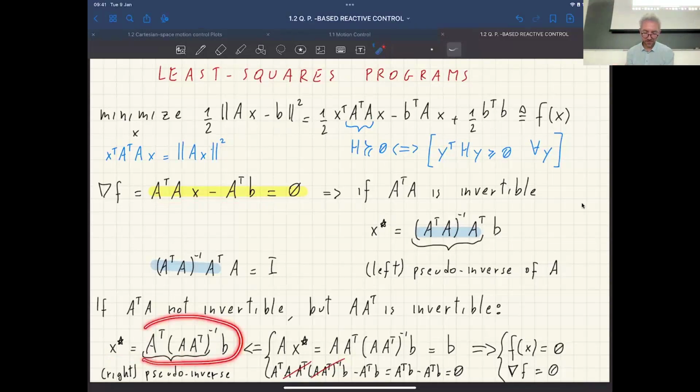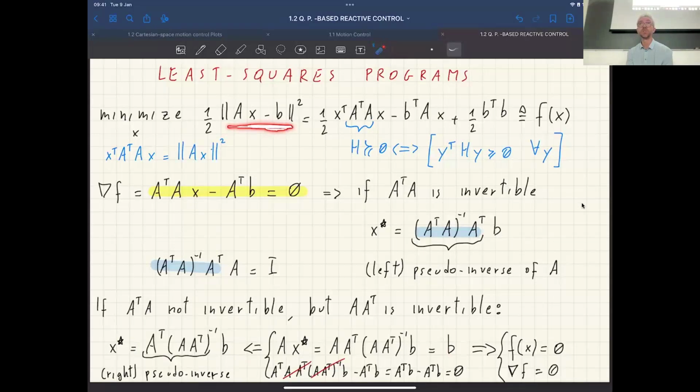If I take this and substitute here for x, I get A times A transpose times the inverse of A A transpose, times B. Then, of course, this and this cancel out because one is the inverse of the other, and so I'm left with B. So Ax is equal to B, which means that my cost function is equal to 0.